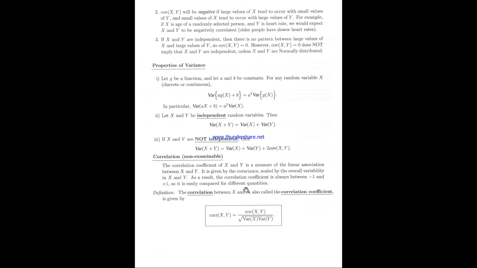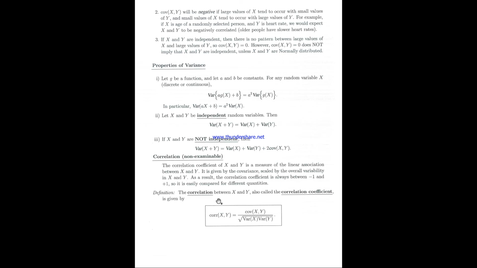Then again, if you are interested in the linear relationship between any two variables, you can calculate the correlation. I'm sure when you learn about regression analysis, you have to calculate the correlation, and in that case we are always concerned with the linear relationship. The correlation coefficient can be any value between -1 and +1.